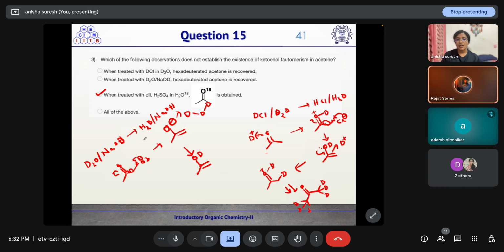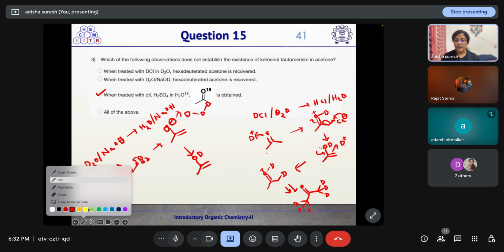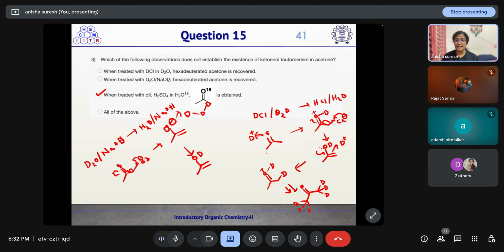Is it right? Yes, ma'am. Now, if we consider the case in the presence of dilute H2SO4 and this oxygen 18 substituted water, what will happen? Acetone is present in H2SO4 medium. This will get protonated.